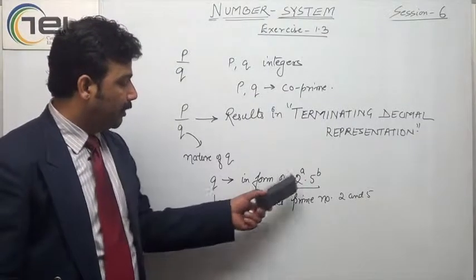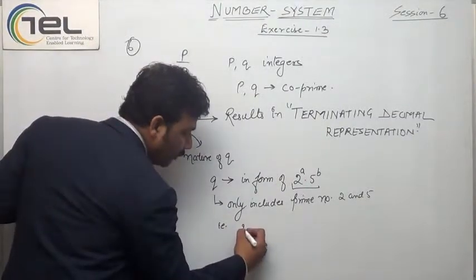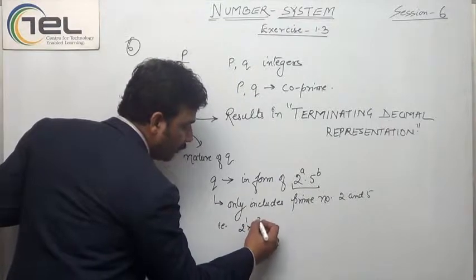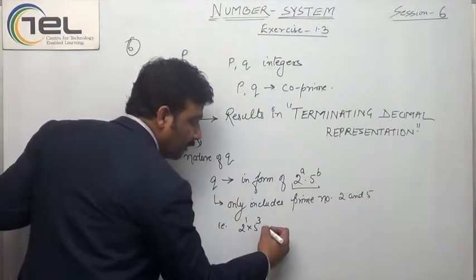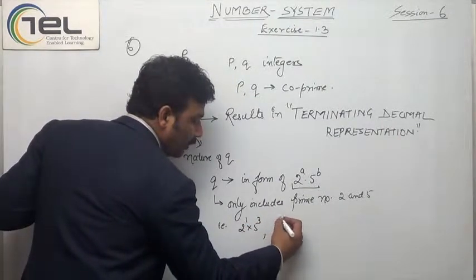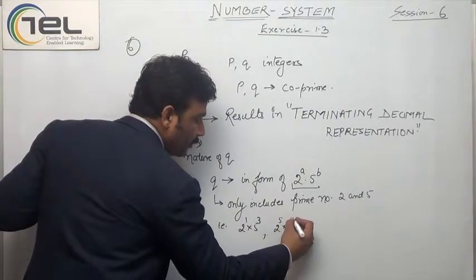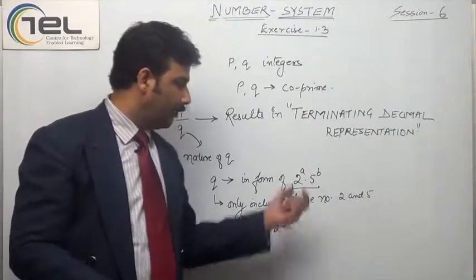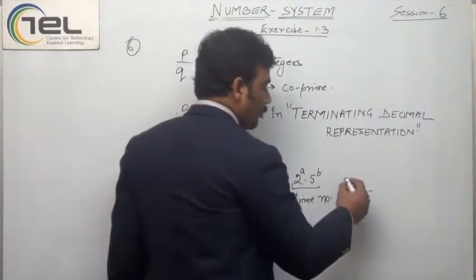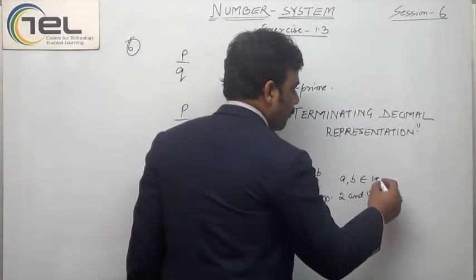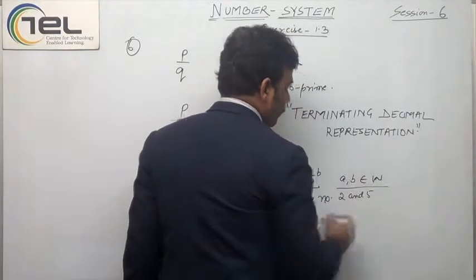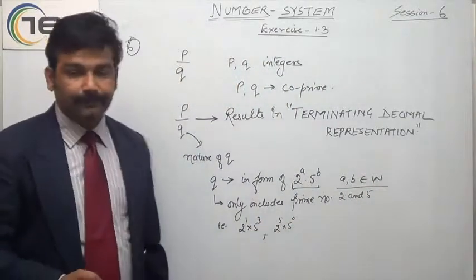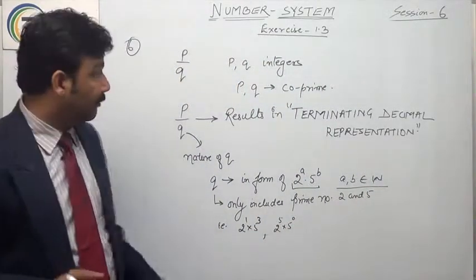Any such number can be like 2 raised to the power 1 into 5 raised to the power 3, or 2 raised to the power 5 into 5 raised to the power 0. They can be represented in this form where a and b belong to whole numbers. So this is of this form. Clear? We have discussed this previously also.